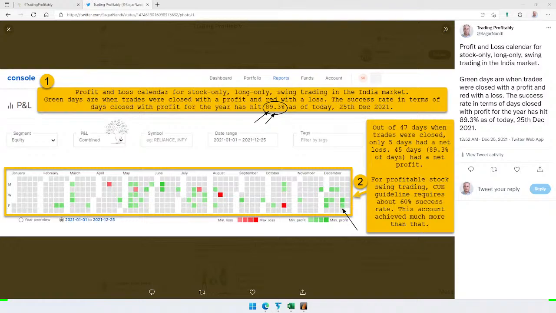What is the required success rate? The Q guidelines and philosophy slides are on my website saganandi.com. What we need is about 60% success rate, assuming 1:1 reward risk ratio. Now with 89%, almost 90% success rate, you don't even need a 1:1 reward risk ratio.